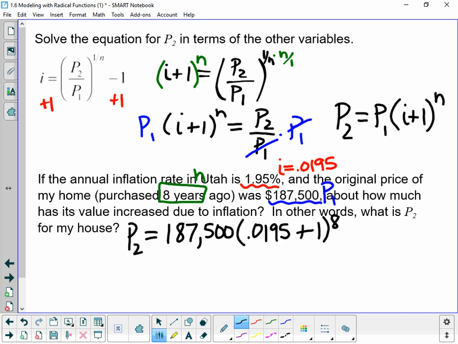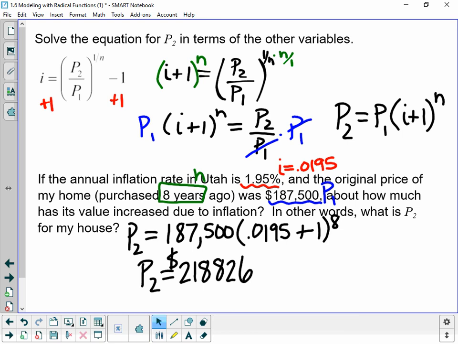And if you calculate that, you should find that the new value of the home is about 218,000, and we'll just round that to the nearest dollar, $826. So that would be the new price of the home.